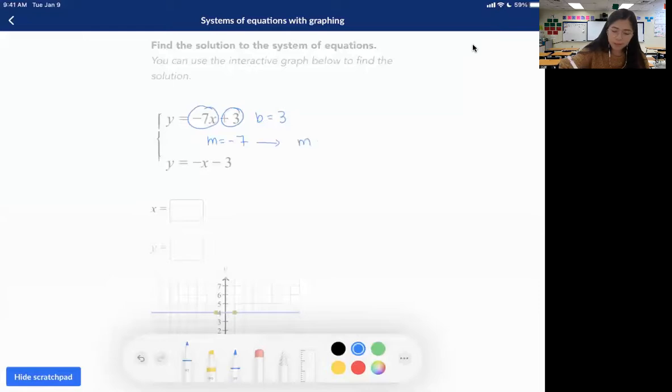And my slope tells me this is -7/1. Since it's a negative, I'm going down 7 units. Since my 1 is positive, I'm going to the right 1 unit. Okay, so I'm going to put 1 dot on the 3, and then I'm going to go 7 units down and 1 unit to the right.